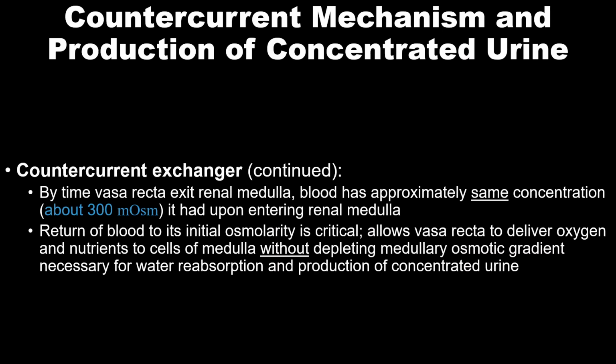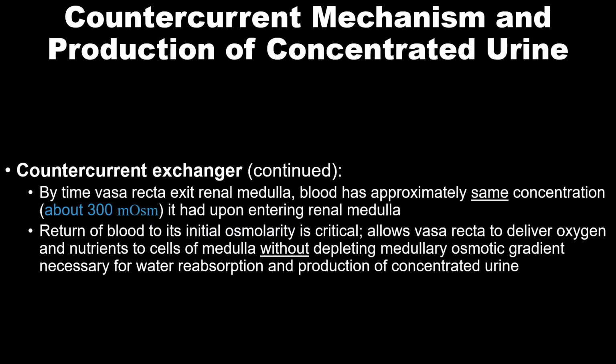The big picture of what's happening here in the vasa recta is the descending vasa recta picks up salt and loses water, right? Then the ascending vasa recta exchanges these two substances by picking up water and losing salt. In the end, these cells of the renal medulla obtain oxygen and nutrients, but we maintain the medullary osmotic gradient that is established by the countercurrent mechanism and urea cycling.